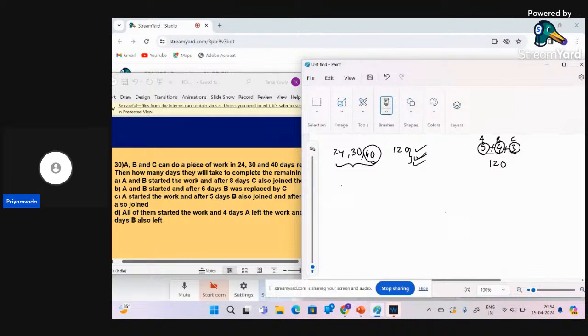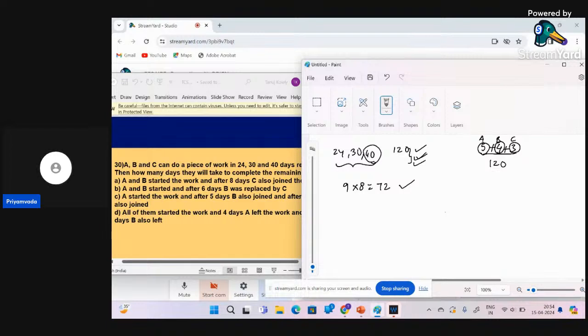If A completes 5 parts of work in one day and B completes 4 parts in one day, how many parts of work are done in one day if A and B work together? 9 parts. And for how many days are they working together? For 8 days, because after 8 days C also joined them. So 9 × 8 equals 72 parts of work done in the first 8 days.